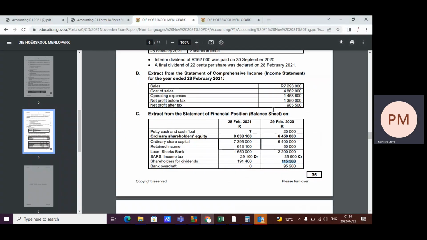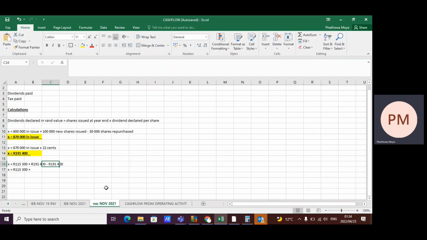Now, they told us an interim dividend of this much was paid. So we need to add that because we're doing cash flows, guys, remember?